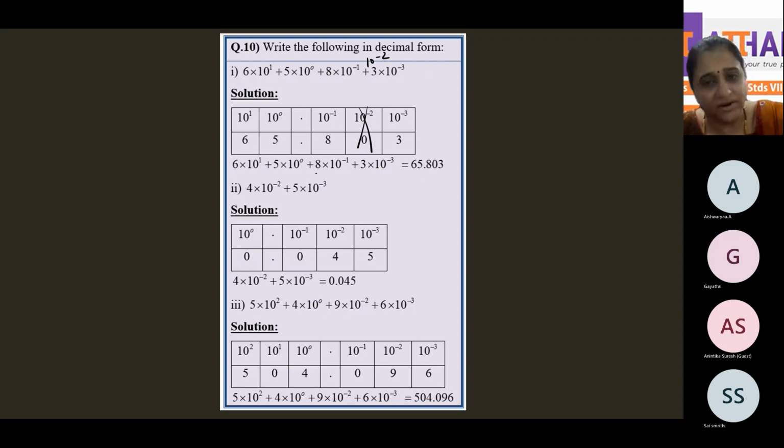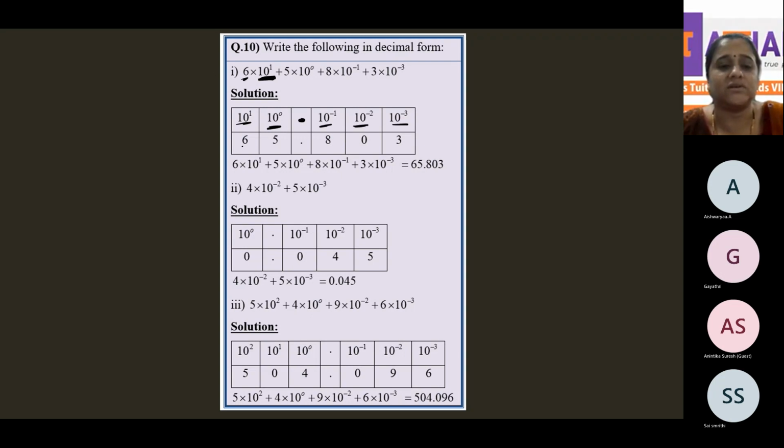It's not like that. You should write all the places. Just because we do not have 10 to the power minus 2 here, it doesn't mean you can ignore this. You should just know the starting point. You should start from 10 power 1, then continue 10 power 0, decimal point, 10 to the power minus 1, minus 2, minus 3.